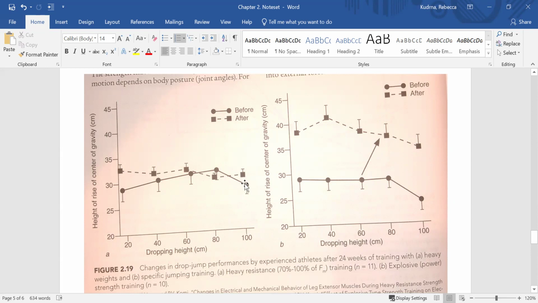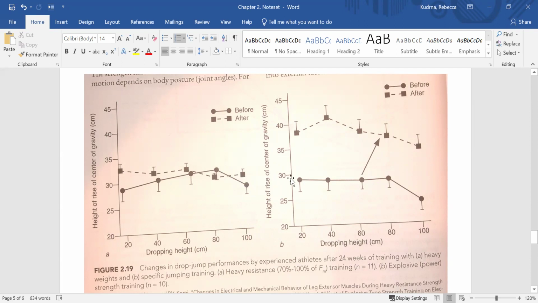They basically landed too heavy and just jumped, and it was essentially the same as if it was only 20 centimeters. So this was too high for them. So what I would know from this initial pre-curve is that I should train my athletes in this range, and that this was too high of a box for them.